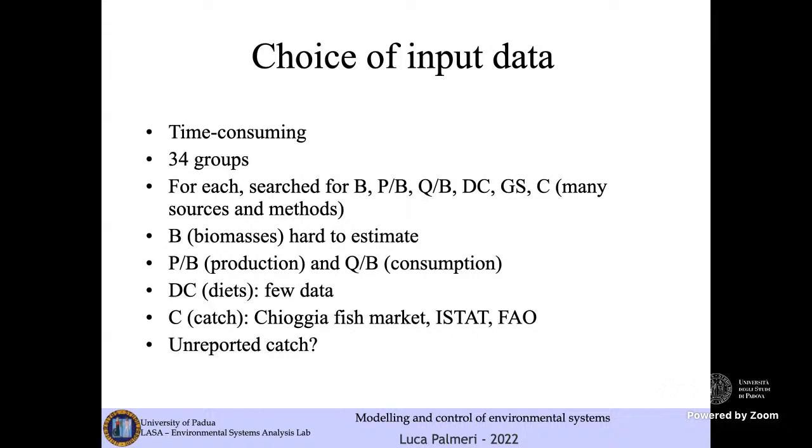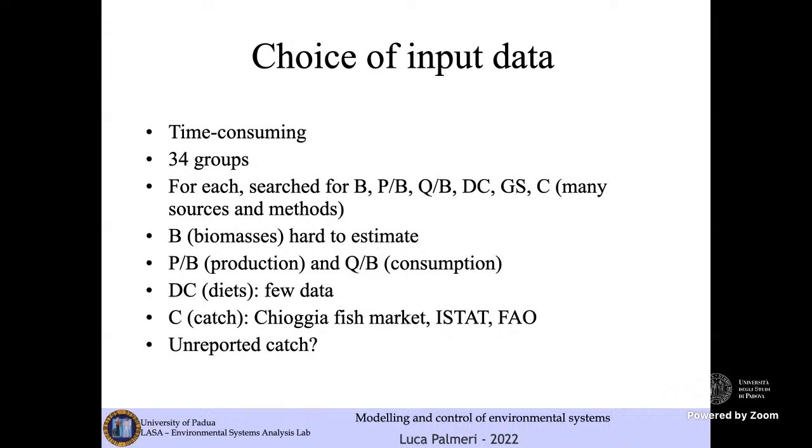You have to include information on the diet, with very few data, and then you have to include information on the catches, the effect of the humans or human society that is fishing down the marine ecosystem.